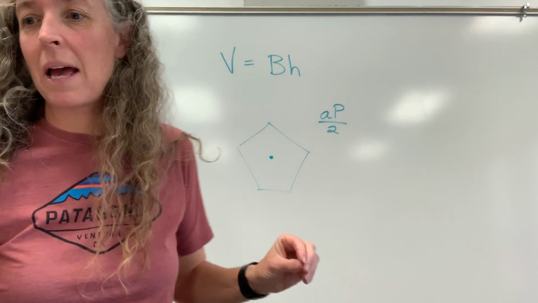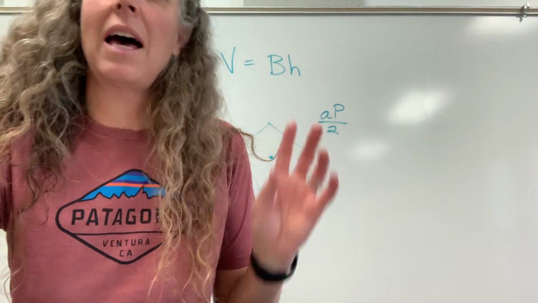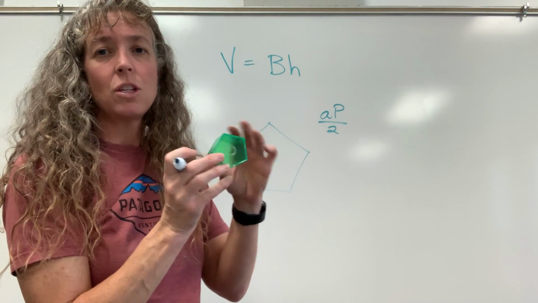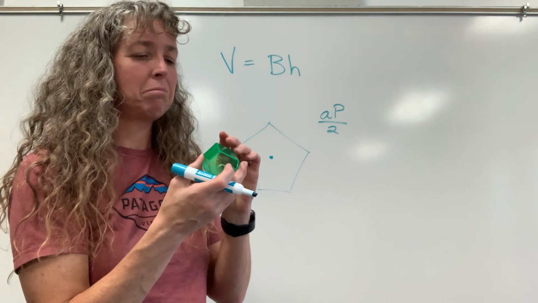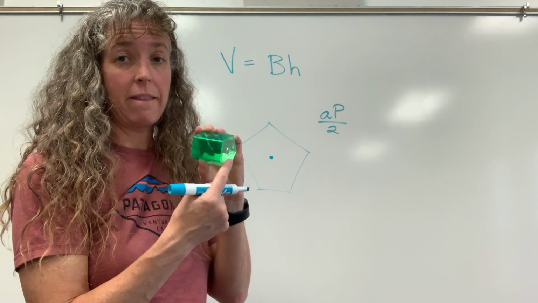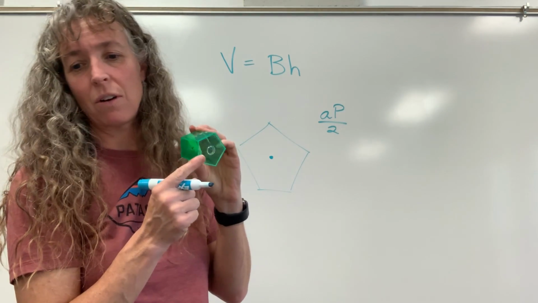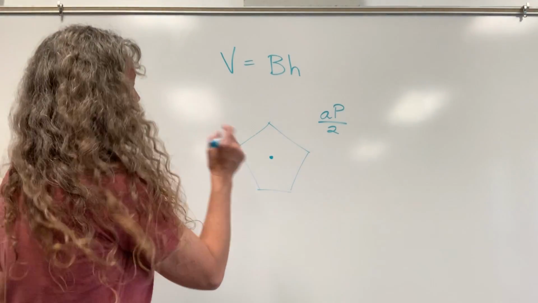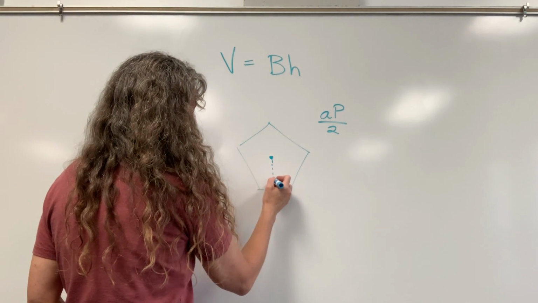And then we're going to multiply it by the height, which in this case, because it's laying down, is this length here, right? So we're going to find the area of our base right here. And then we'll multiply that by the height, which for us is 7, okay? So here we go with our shape.